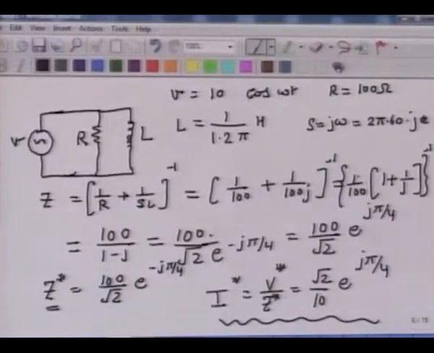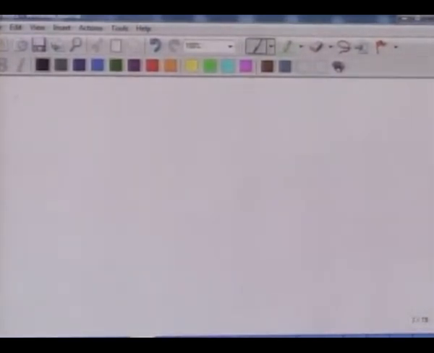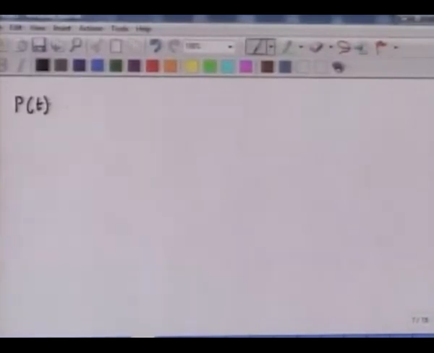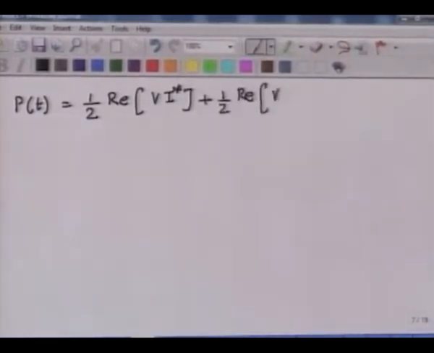So moving on, I go back and start calculating the power dissipated. Instantaneous power equals half of the real component of V I star plus half of the real component of V I e to the j omega t.